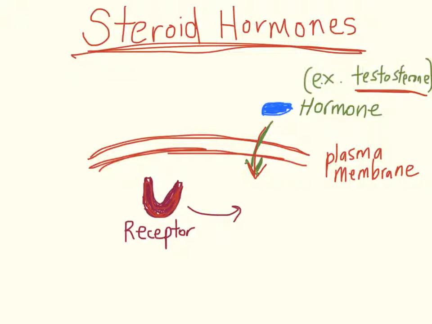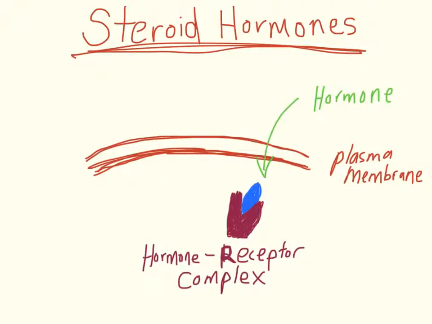For thyroid hormones, the receptor is actually within the nucleus. But in this case here, we're talking about steroid hormones, so the receptor is in the cytosol, not in the nucleus. And a complex is formed, and this complex is called the hormone receptor complex.